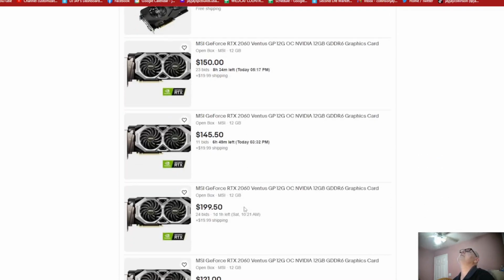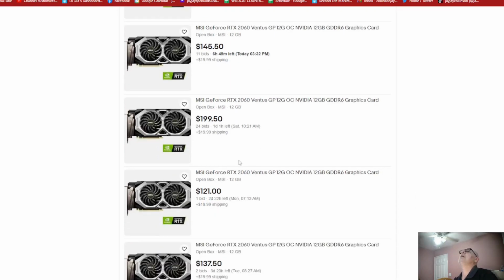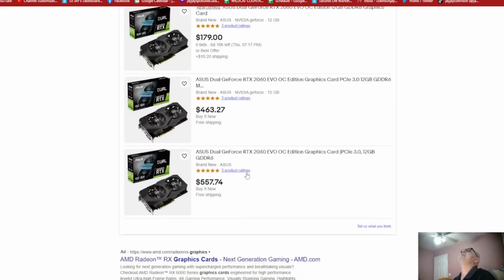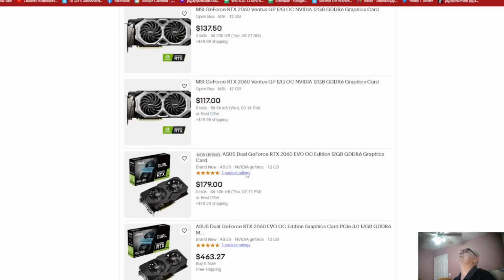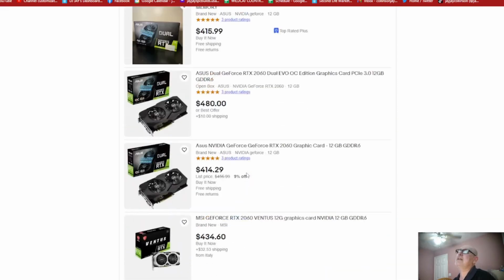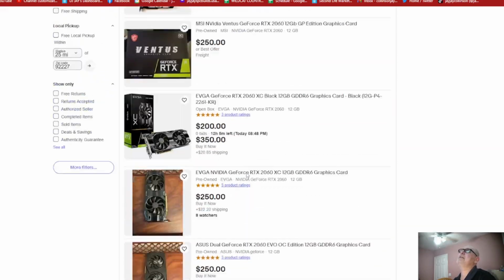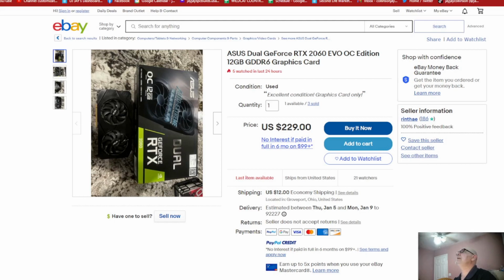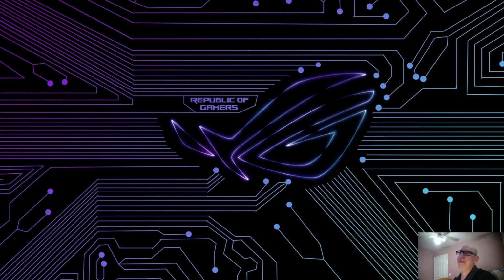Look at this. I'm not bidding on it, so I don't even look at the bids. It's like a buy it now or never. So that's pretty much all they got down on the 2060 right here. But anyway, y'all seen what I see, and it is what it is.